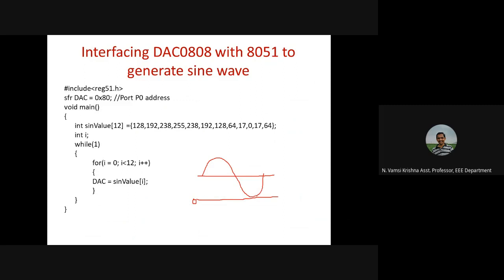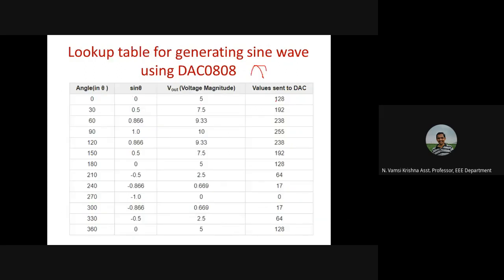That's why sine 0 is 128 and sine minus 1 is 0. Half of 255 is about 128.